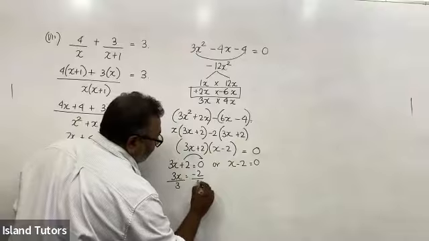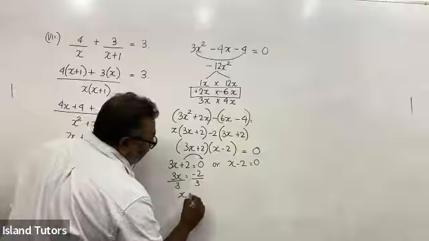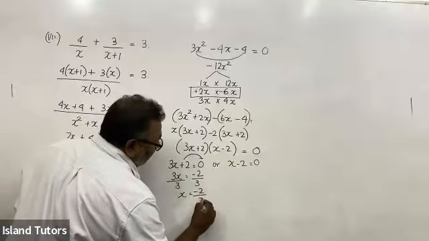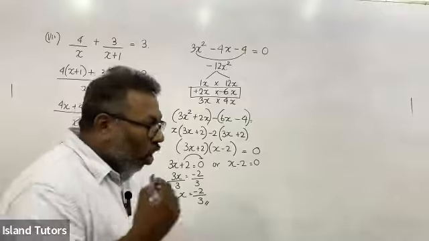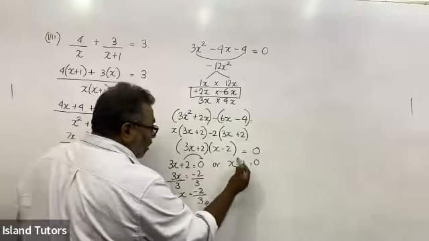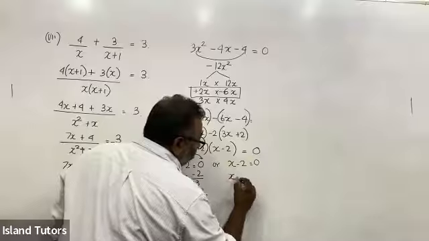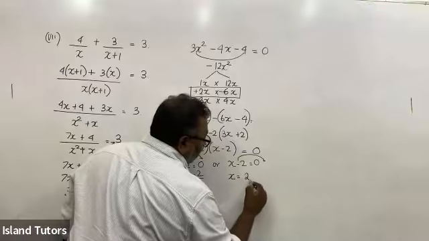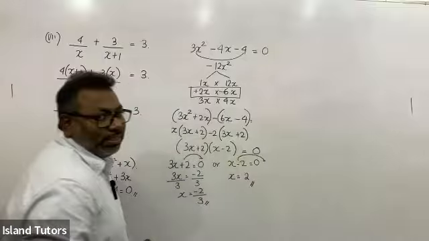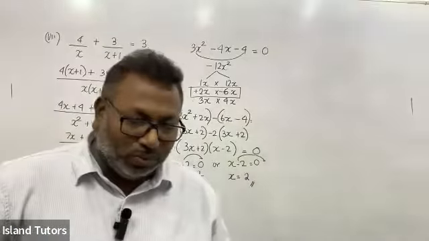Divide by 3. x is equal to minus 2 over 3. Okay. Or x minus 2 is equal to 0. So x is equal to minus 2 comes this side. You have x is equal to plus 2.